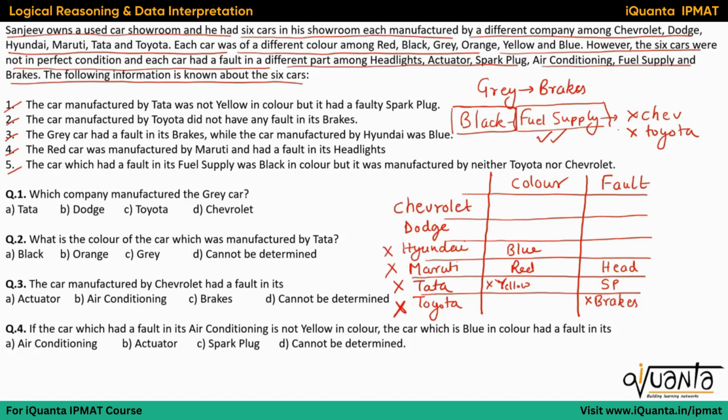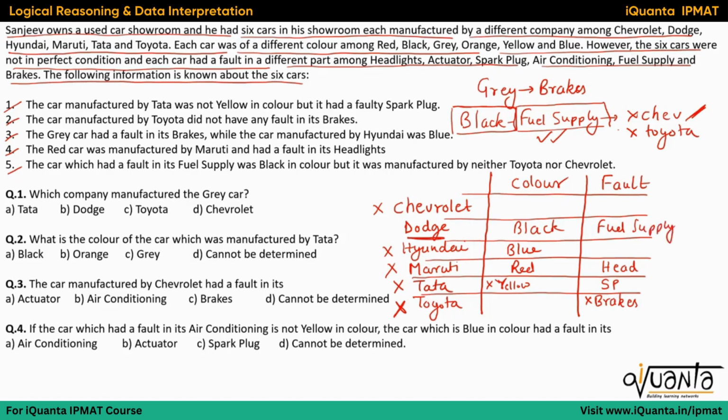We cannot insert it into the Hyundai row because Hyundai car is blue in color. Then we cannot include it into the row of Chevrolet because it is not from Chevrolet. So only one row remains which is for Dodge here. So Dodge car is black in color and it must be having a fault in its fuel supply. I hope this is clear to you.